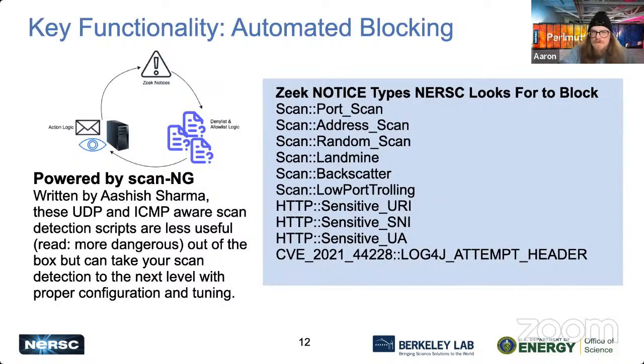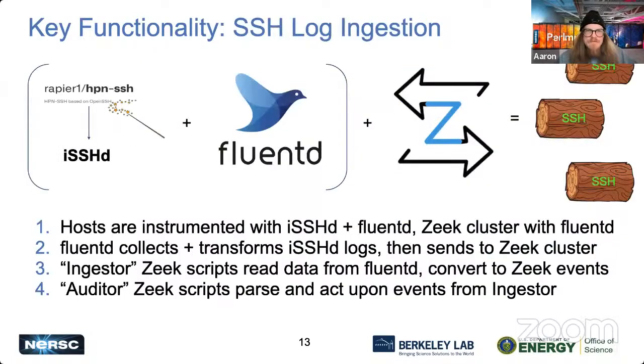User agents: if a known malicious user agent string is observed, that's not one you see as much anymore, but again, you can catch the real bottom of the barrel stuff. And Log4j is still alive and well every so often. We don't see it nearly as much as we used to when it came out, but still alive.